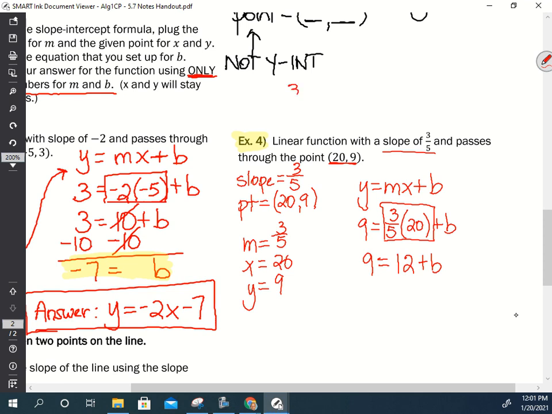So 3/5 times 20. Before you multiply, I need to make the 20 a fraction. How do I make 20 a fraction? Put it over 1.